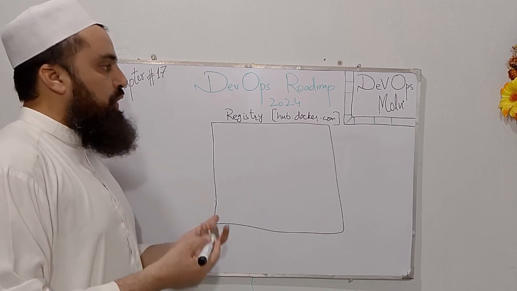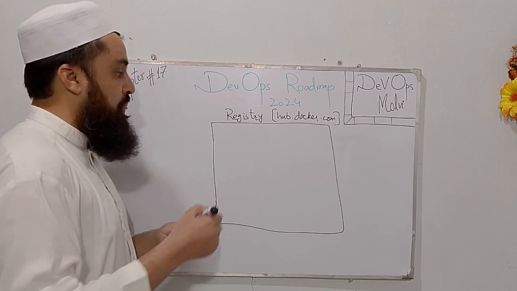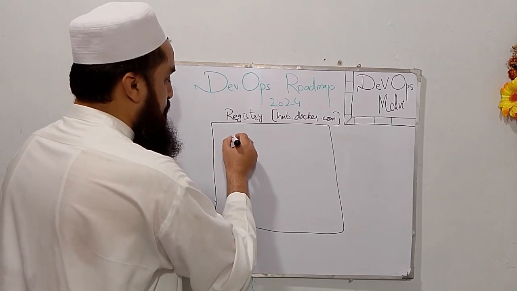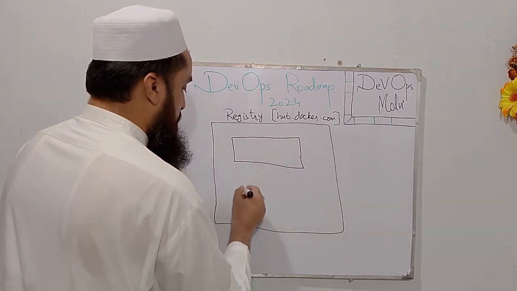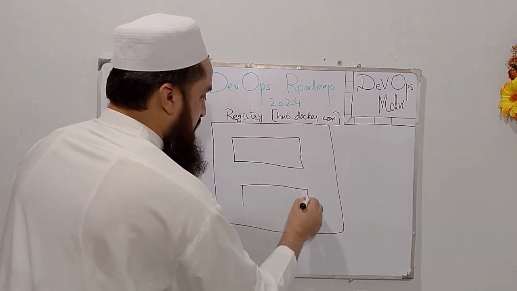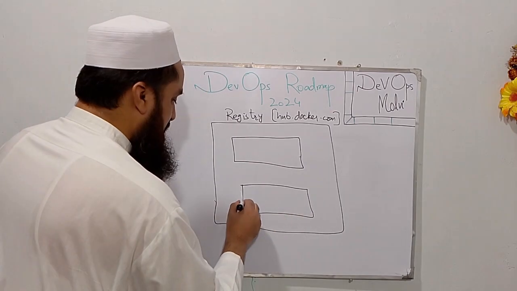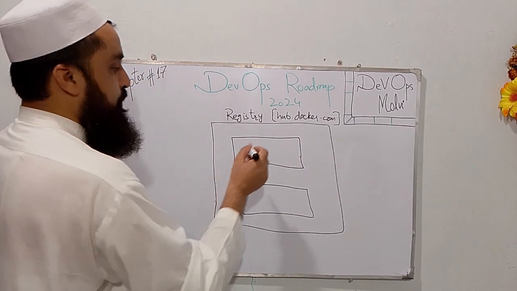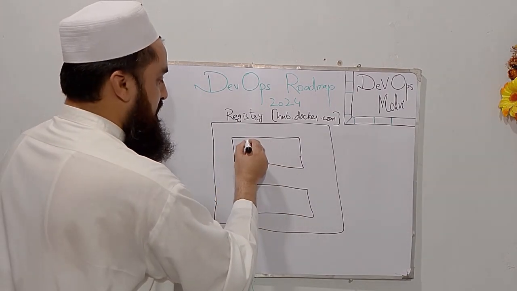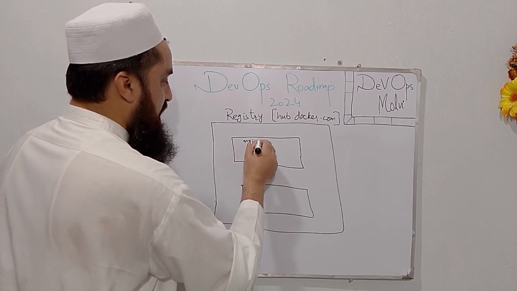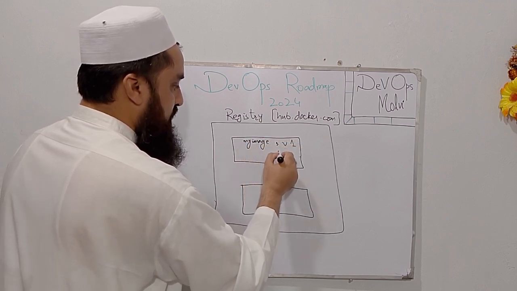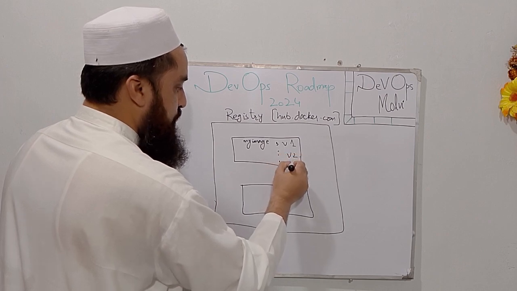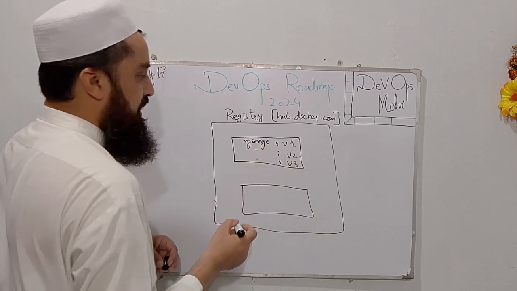But how can we store those images? Those images can be stored in a public or a private repository. Those repositories have the images with tags like my image colon version 1, version 2, version 3. That's how we tag the images.